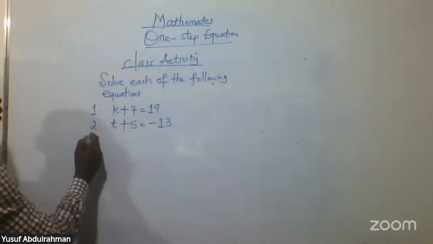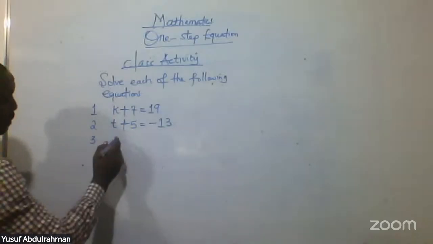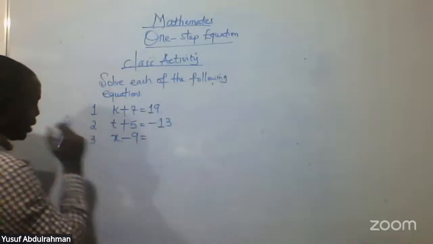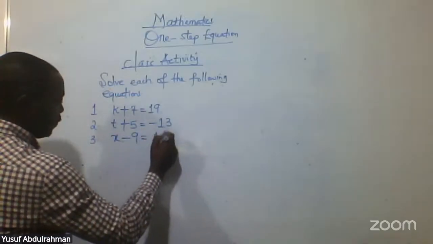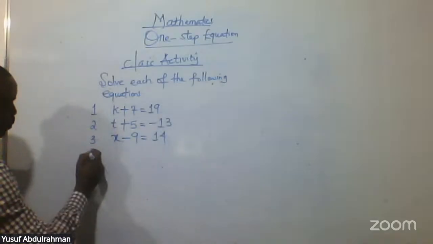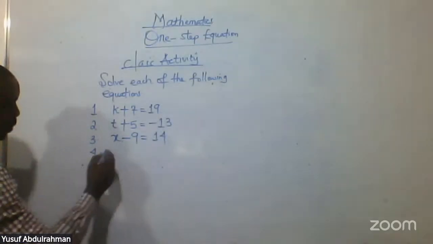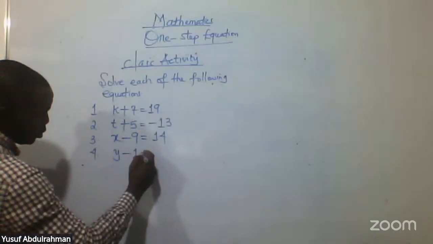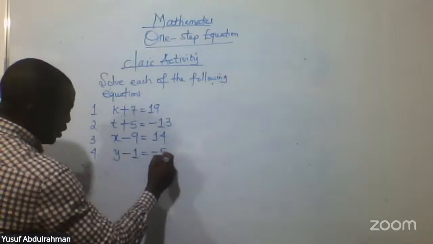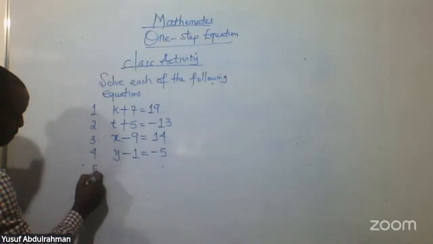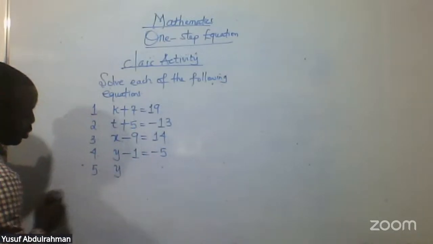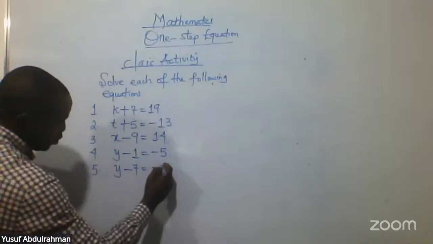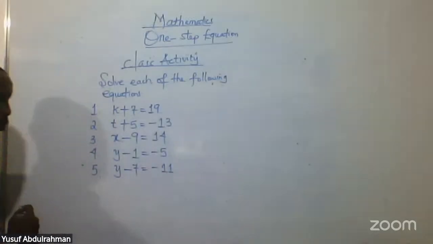Then number three, x minus 9 equals 14. Number four, y minus 1 equals -5. Then y minus 7 equals -11.